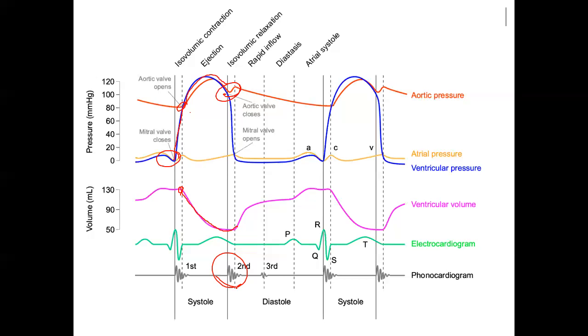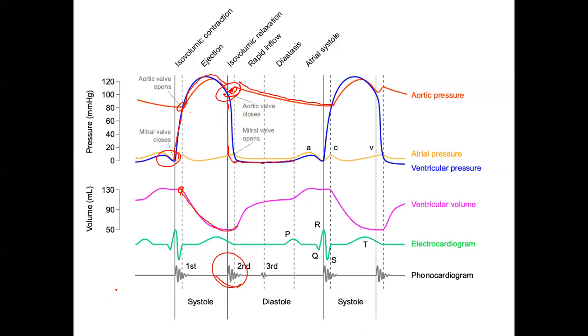We see at the dicrotic notch the aortic valve closure. And then the pressure gradually declines in the aorta until we start the process again. The pressure rapidly drops in the ventricle, and we're in diastole until atrial contraction and atrial kick, and then we start the process all over again.